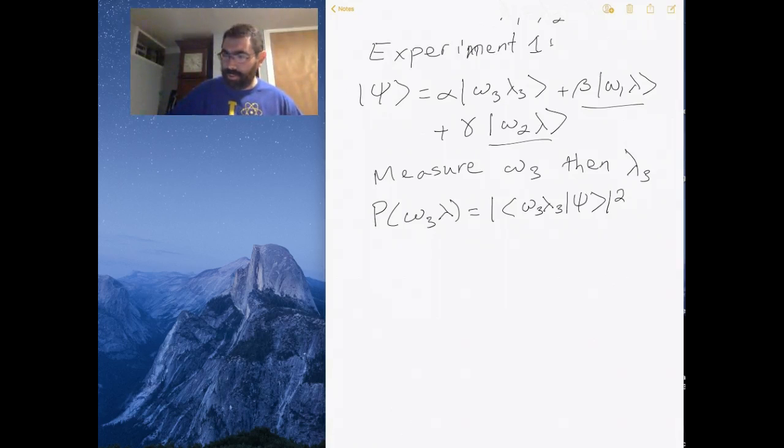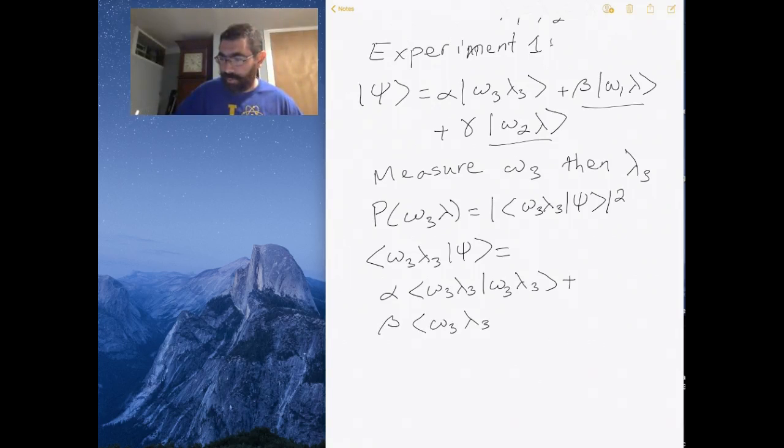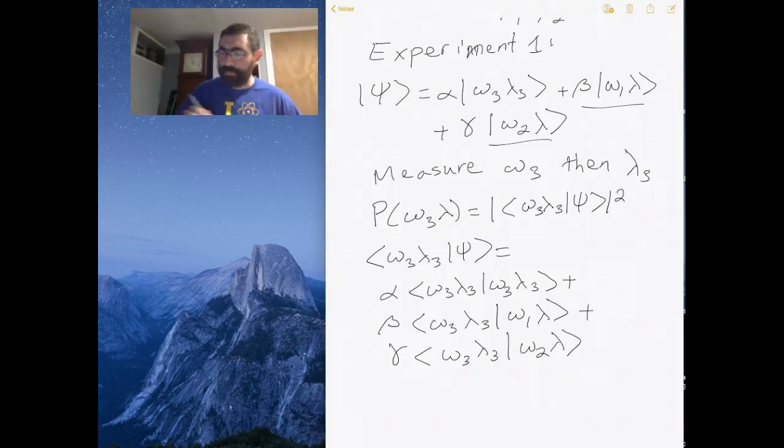So in this case, let's take the projection of omega 3 lambda 3 on psi, which is equal to alpha times omega 3 lambda 3 on omega 3 lambda 3, plus beta times omega 3 lambda 3 on omega 1 lambda, plus gamma times omega 3 lambda 3 on omega 2 lambda.